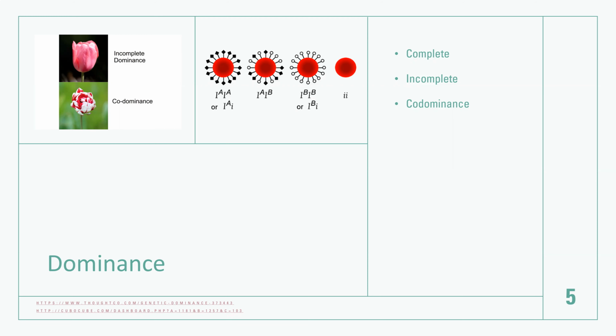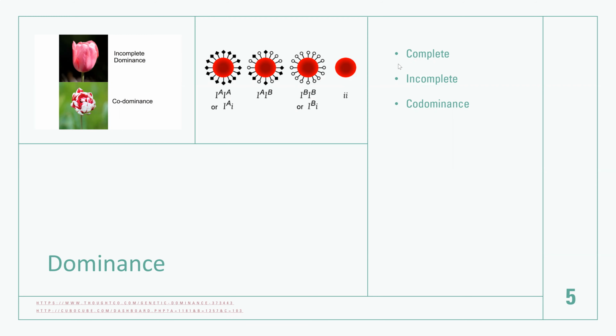Usually a capital letter with a subscript, like we see in the center picture with the IA, is given to dominant alleles, and a lowercase letter is given to the recessive allele. A recessive allele, on the other hand, means that you need both copies, meaning one from your mom and one from your dad, to express that particular gene. So for this case, a lowercase i means that you don't have any antigens on the surface of your red blood cells.